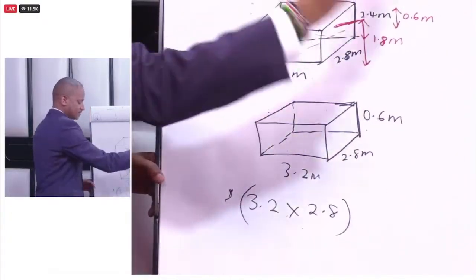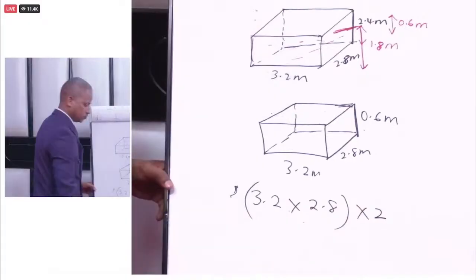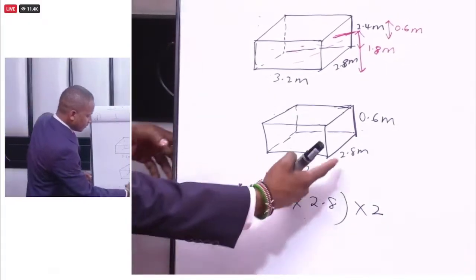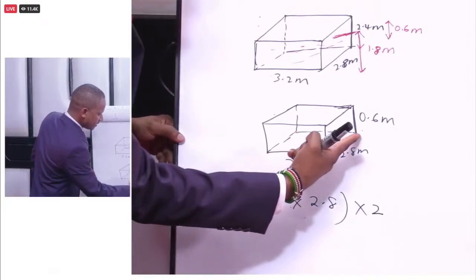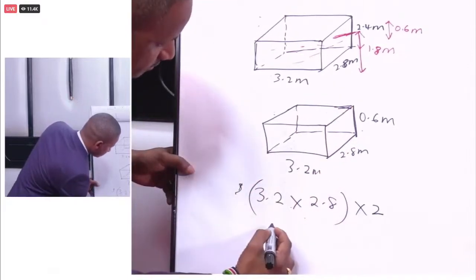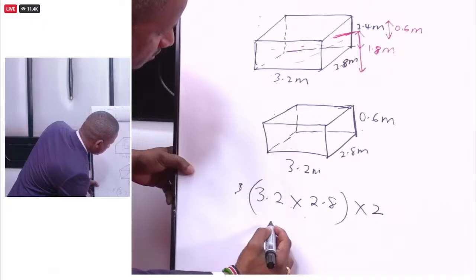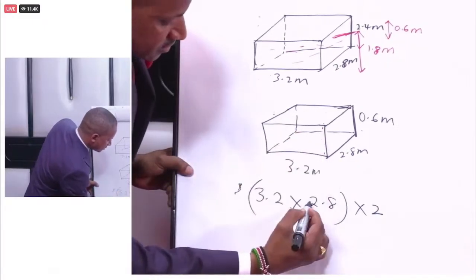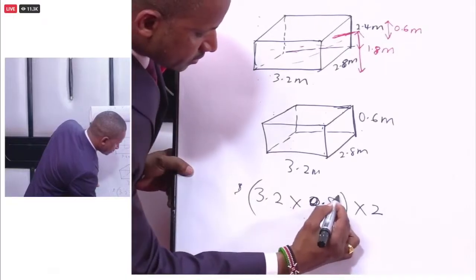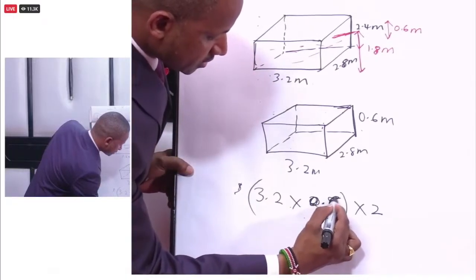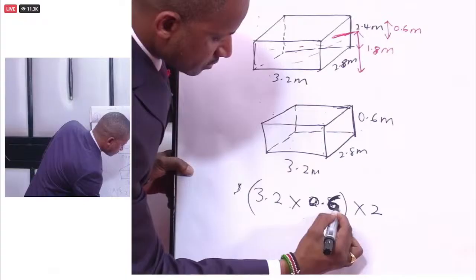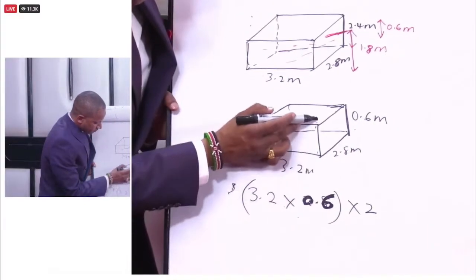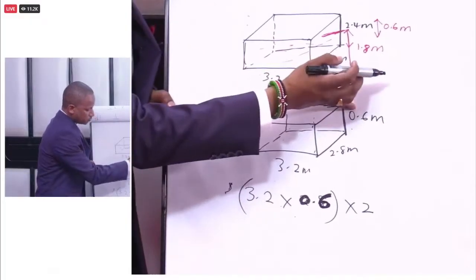Then you get this side, which is 3.2 by 0.6, times 2.